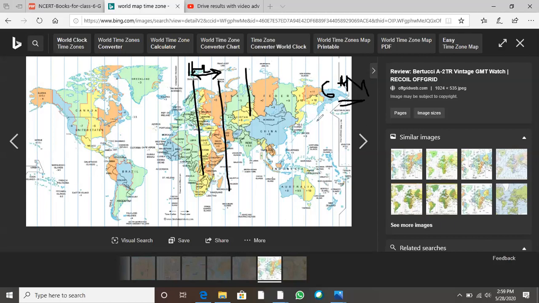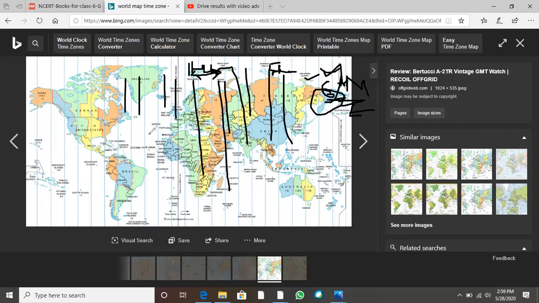Let's take this country, which has 6 a.m. right now because it's in the eastern part. But over here it would be 5 a.m., and over here it would be 4 a.m., and so on.